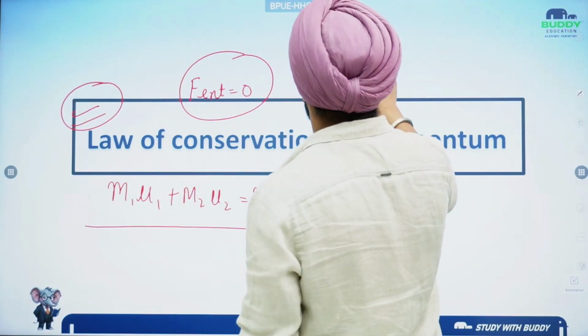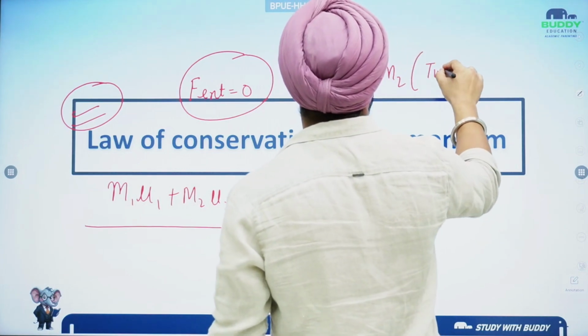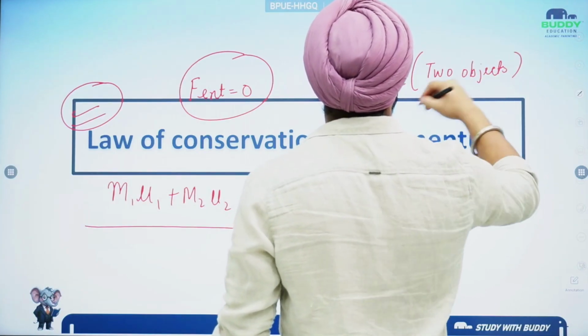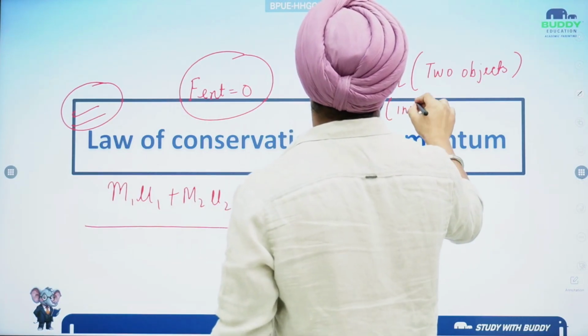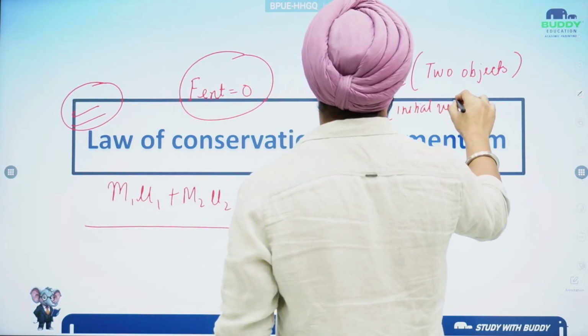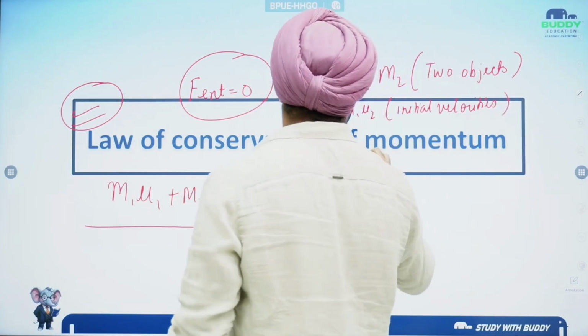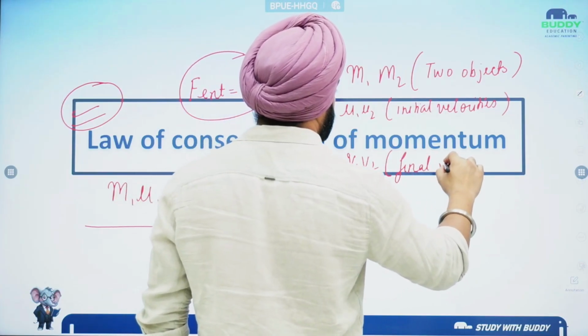Now what are m1 and m2? Obviously these are two objects with different masses. What are u1 and u2? Initial velocities. What are v1 and v2? Final velocities.